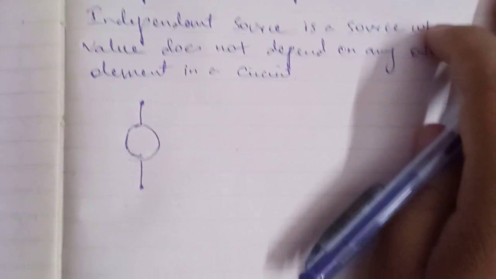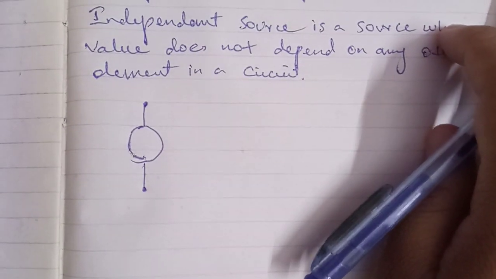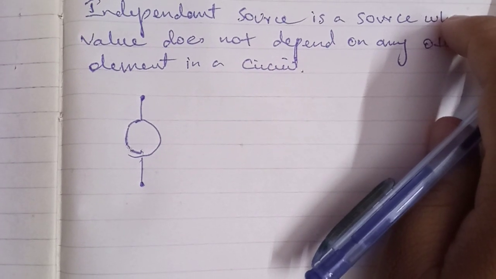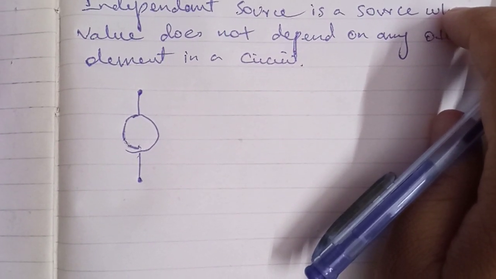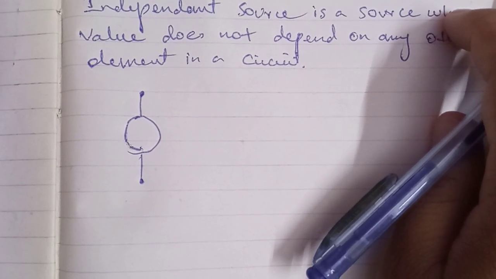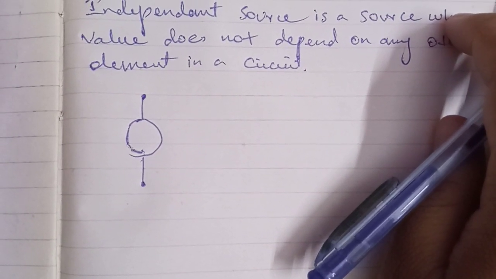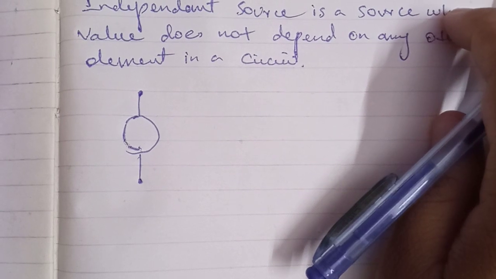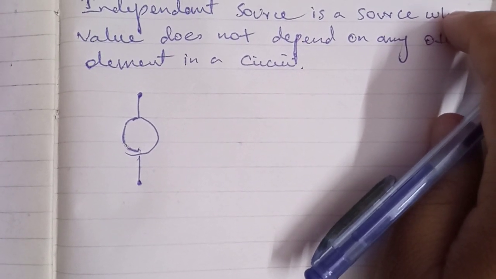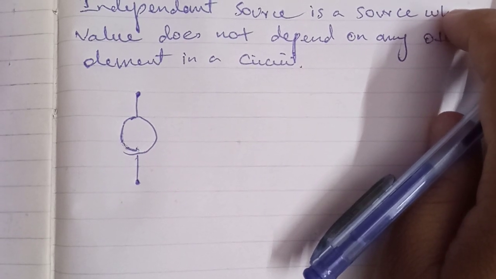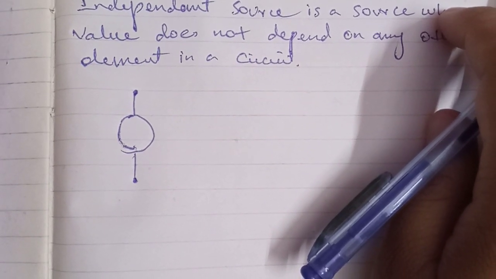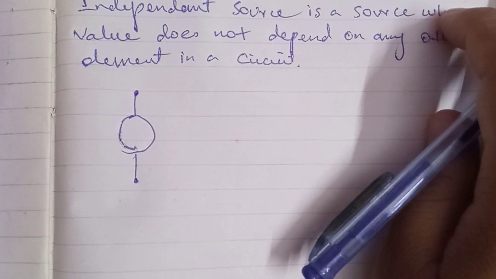This is the round shape of independent source. So whenever you see the shape in any circuit diagram, in any book, handout, lab manual or lecture, you will understand that it's the symbol of an independent source.